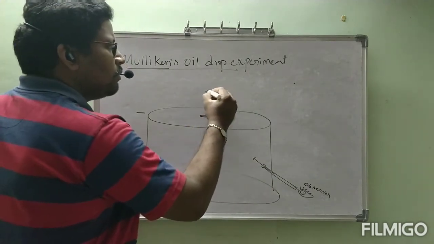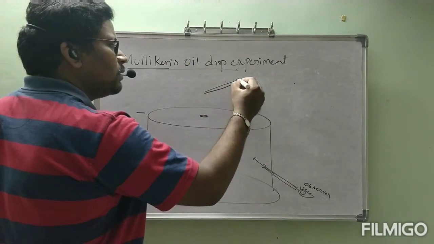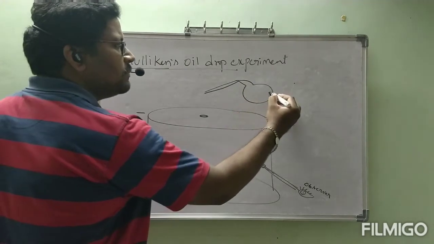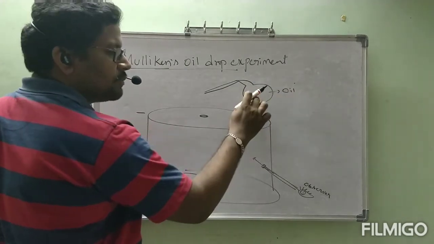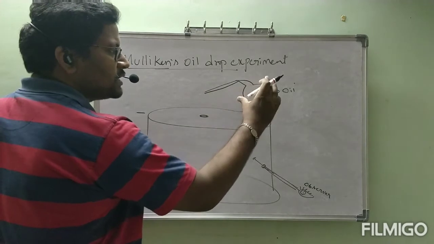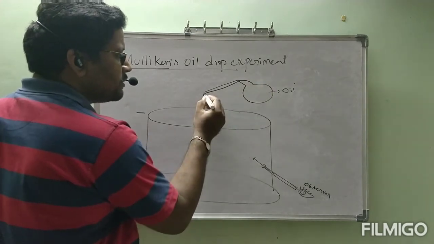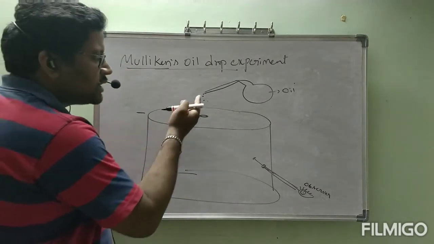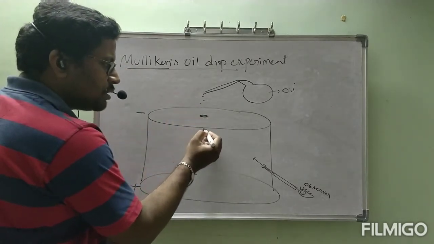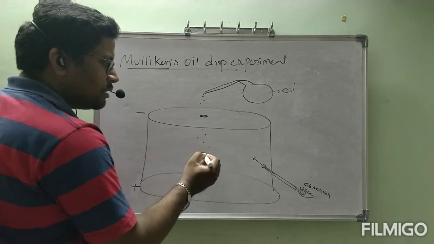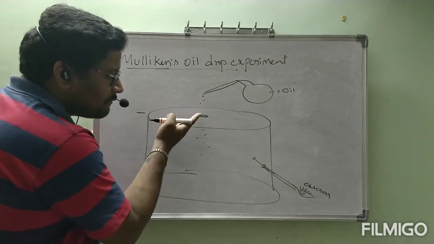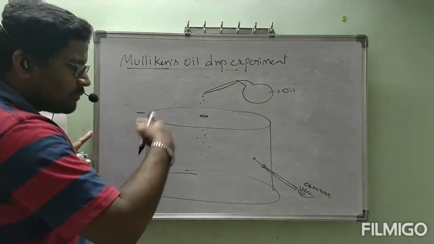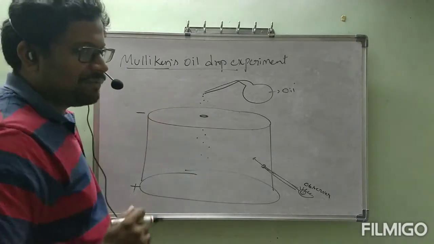Now, one sprinkler contains oil. This is oil drop only. Through this sprinkler, if you blow, oil drops will come. Millikan made these oil drops pass through the hole, and those oil drops come from cathode to anode. The negative charge and positive charge present oppositely behave like an electric field.